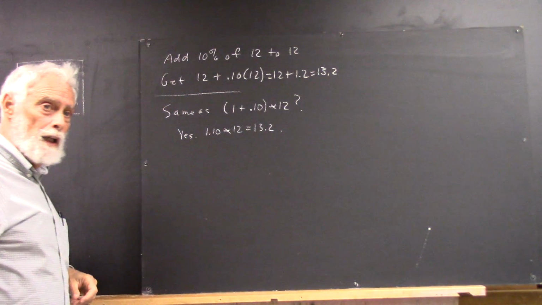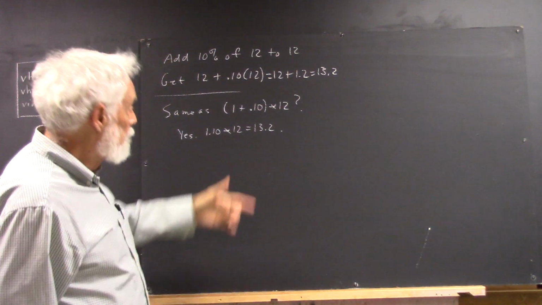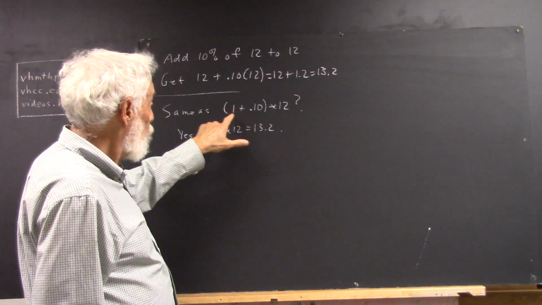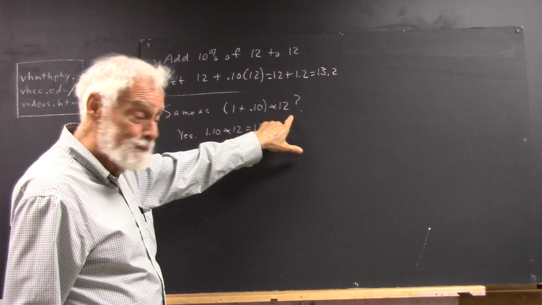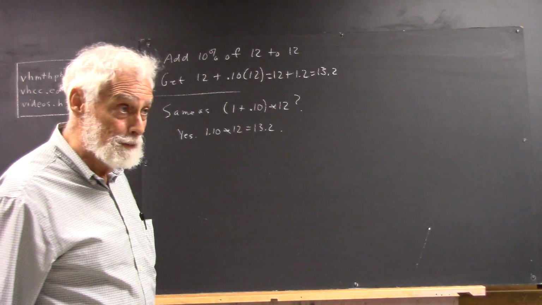Okay. And that's a really good thing that it is, because, of course, the distributive law tells me that this times this is 1 times 12, which is 12, plus 0.10 times 12, which is 10% of 12, right?